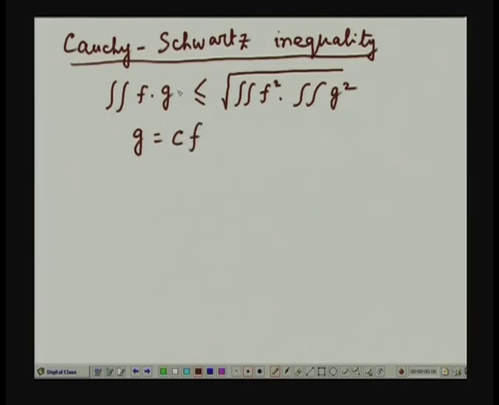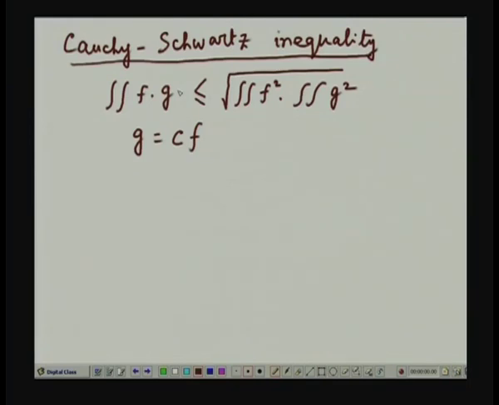So, this Cauchy-Schwarz inequality says that f into g double integration will be less than or equal to square root of double integration f square into double integration g square, and the left hand side and the right hand side will be equal whenever g is equal to c times f. Otherwise, left hand side will always be less than the right hand side.